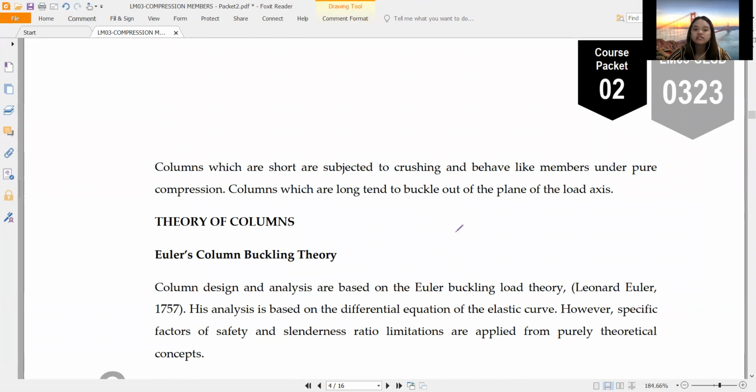Yung short columns natin are subjected to crushing and behave like members under pure compression. Pag naman longer yung column natin, it tends to buckle. But don't be so decided na pag sinabing long column, ibig sabihin it has a long span. It could contribute, but later on in this topic, you will discover what really are the components for us to consider that your column is a short column or a long column.